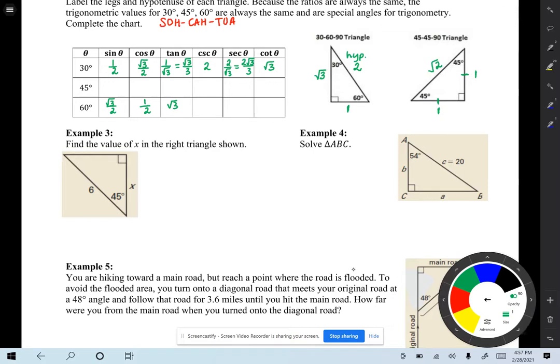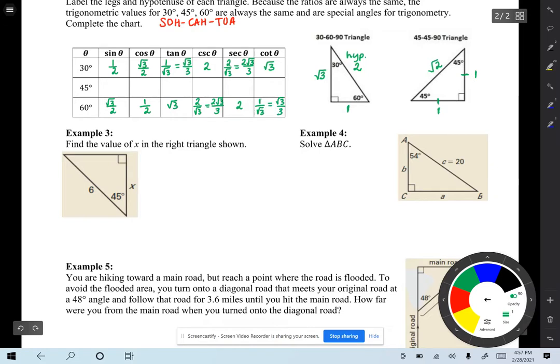Cosecant is 2 divided by square root of 3. So you're just flipping the numerator and denominator of sine of 60 and then multiplying top and bottom by root 3. Secant is the reciprocal of 1/2, which is 2 over 1. And cotangent is 1 over the square root of 3, which is square root of 3 over 3.